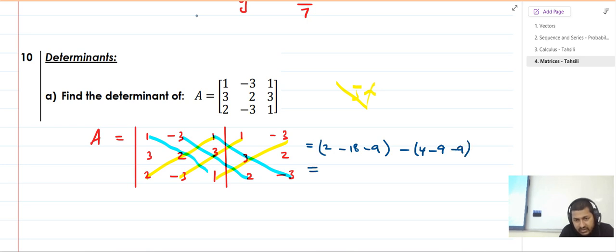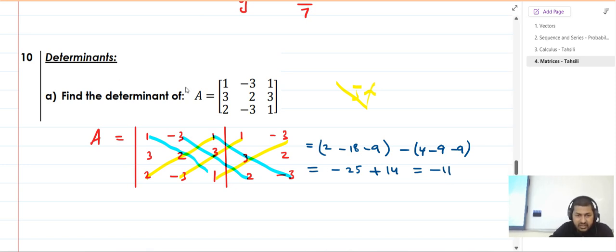So you got 2 minus 27, which is minus 25, and you got minus 18 plus 4. Minus 18 plus 4 will give me minus 14. Minus 14 is plus 14, right? And minus 25 plus 14 is negative 11. I hope you understood that.